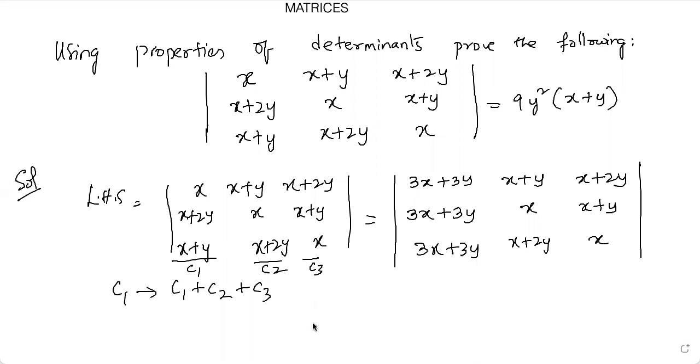So I take 3x plus 3y out, and I'll try to simplify the inner determinant with respect to that.